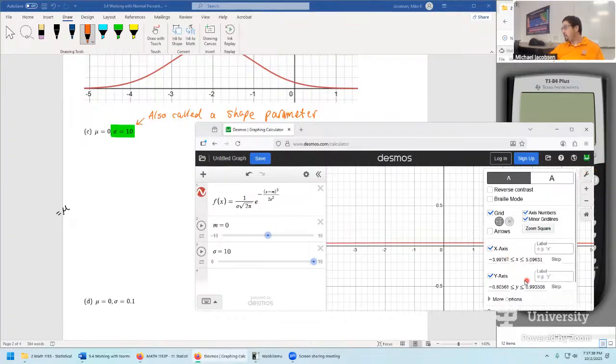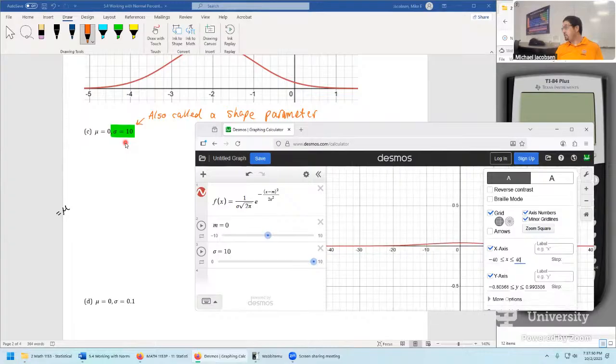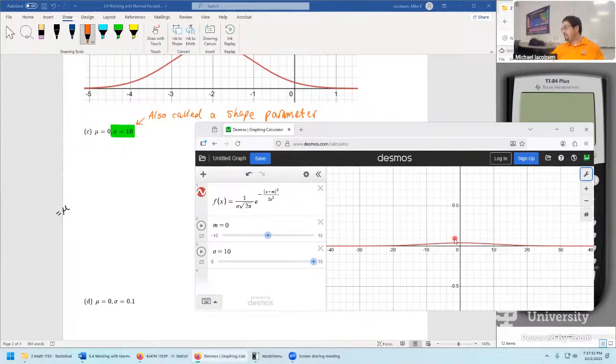So we should go from, how about 3 standard deviations to the left would be -30. Let's go for maybe -40. 3 standard deviations to the right, or 4 deviations to the right, would be +40. And this is what it looks like. Not a big improvement, right? But this is not a shape we would have ever drawn in the last section.